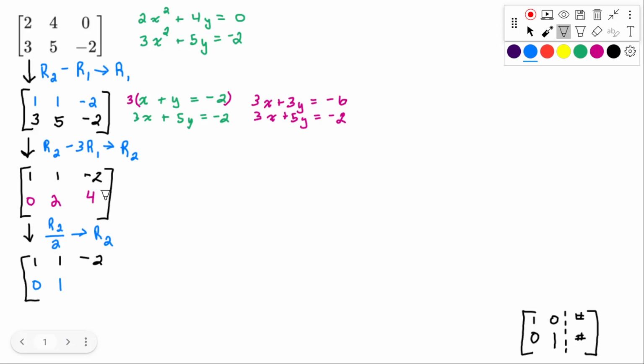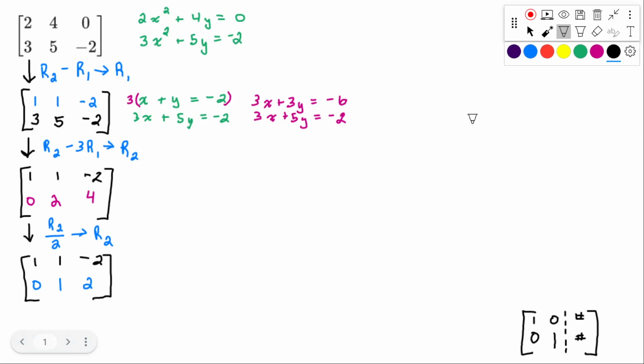And 4 divided by 2 is 2. I want to put black there again. It's just my way of trying to keep things organized. So now the only thing we have left is to get a 0 in that first row, second column.